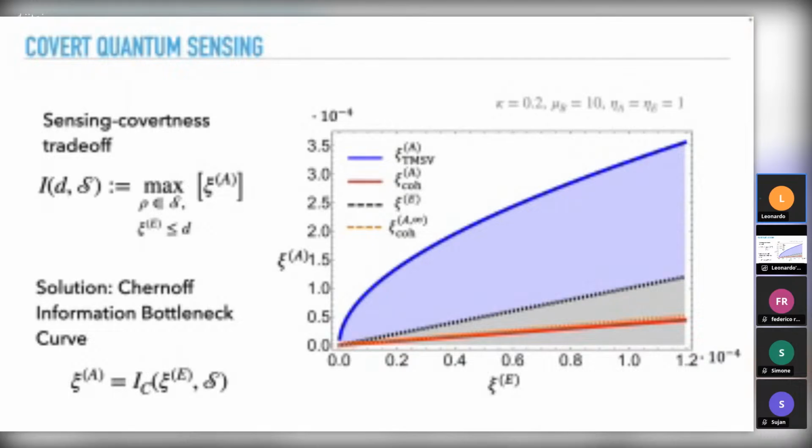Here we have plotted this quantity for some numbers, and you can see that whenever we use a two-mode squeezed vacuum, meaning entangled states between the probe and the detector on Alice's side, the allowed Chernoff information on Alice's side is significantly higher than what you would get with coherent states. Okay.